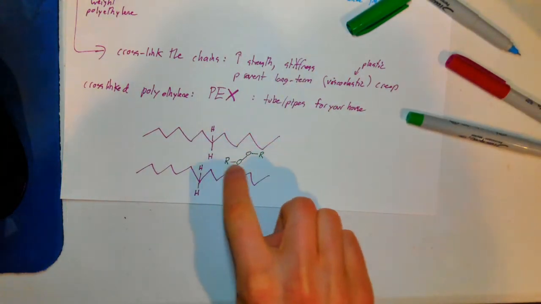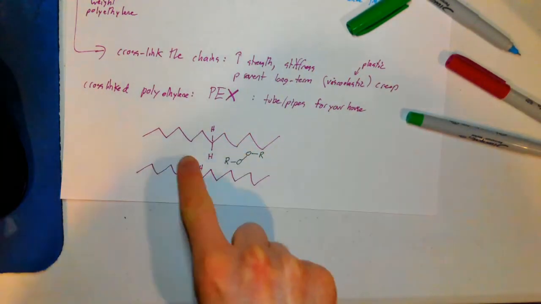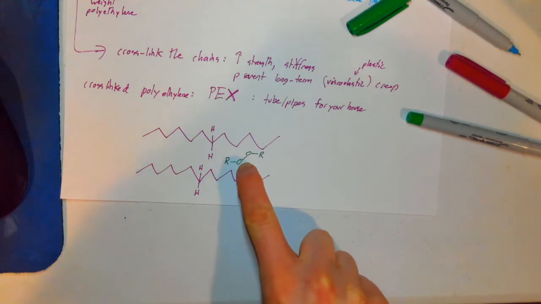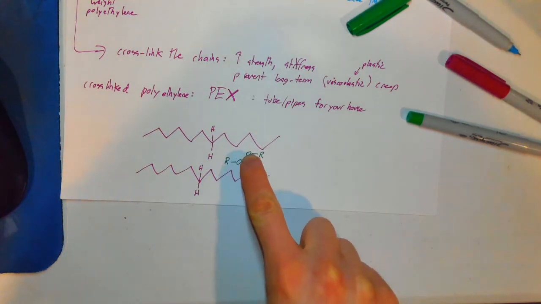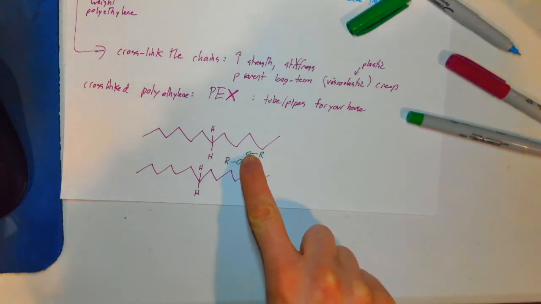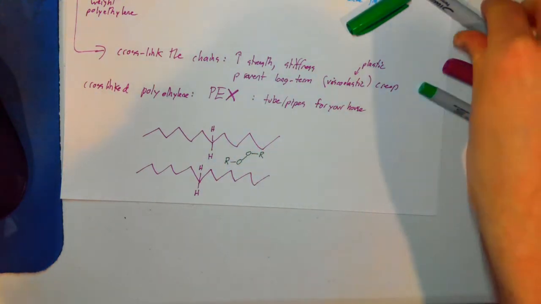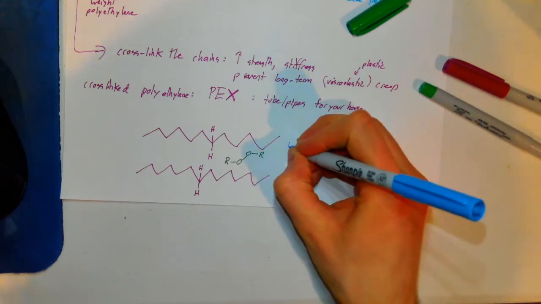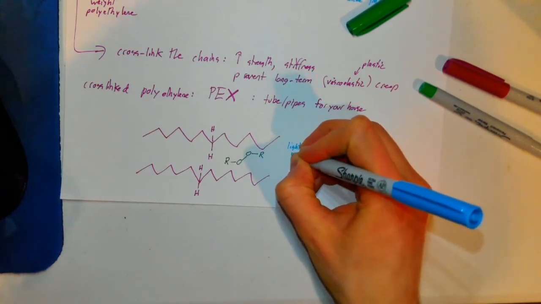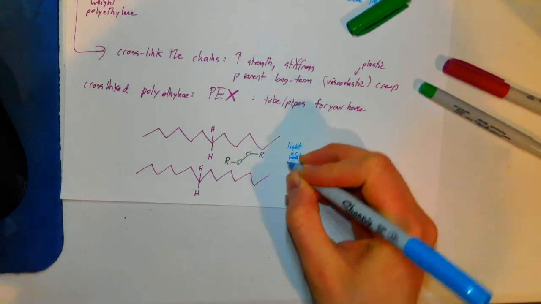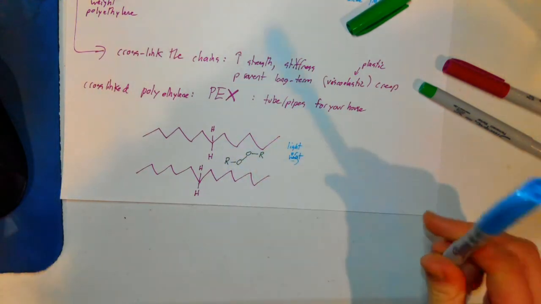What happens is you have the polyethylene, you embed a little bit of extra radical initiator right here, and then you use something to crack open this oxygen single bond, so light or heat, to crack open this radical initiator.